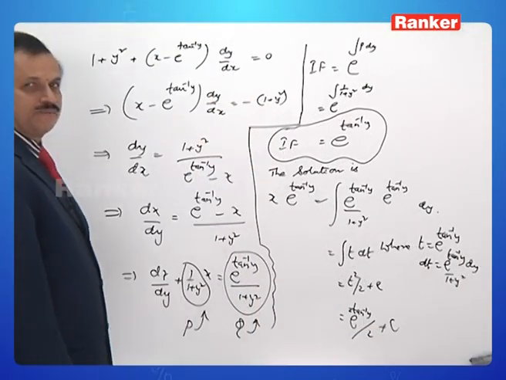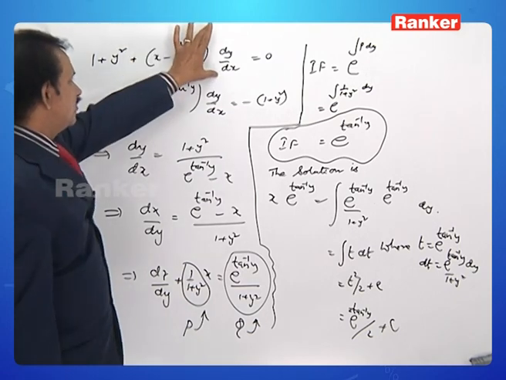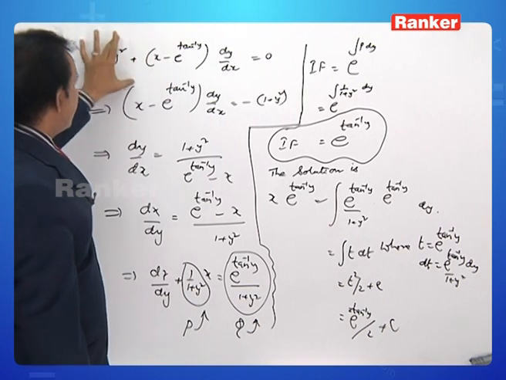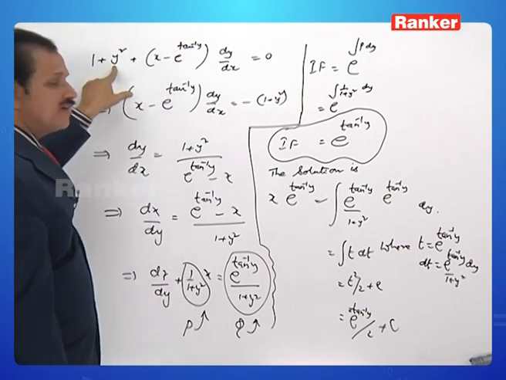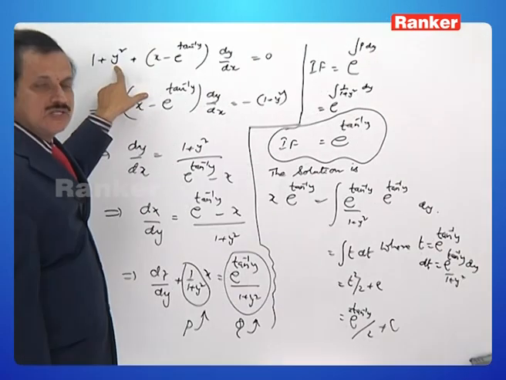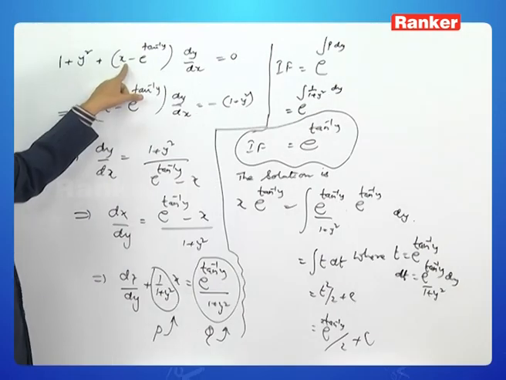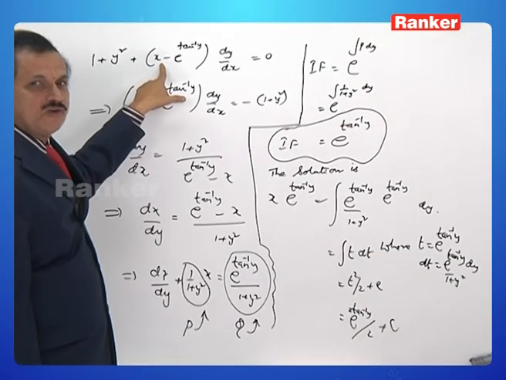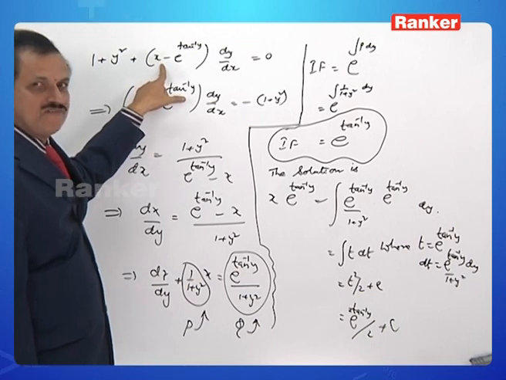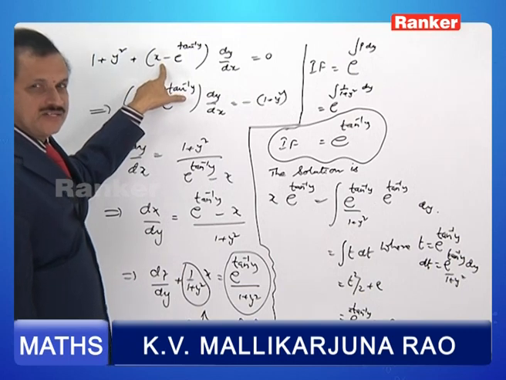The main and important thing to observe here is the nature of y in the given equation. It is not in the linear form. Y square we are able to see, so y is not with first degree. At the same time x is with first degree. Therefore, we are supposed to convert it into the standard form of equations which are linear in x, that is dx by dy.